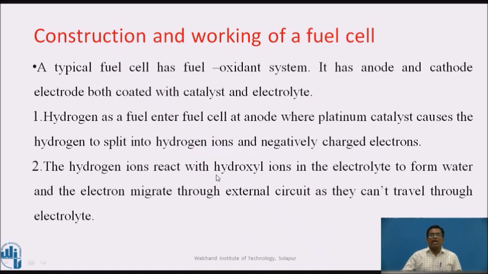A typical fuel cell has a fuel oxidant system. It has anode and cathode electrodes, both coated with catalyst, and an electrolyte. Hydrogen as a fuel enters the fuel cell at the anode, where the platinum catalyst causes the hydrogen to split into hydrogen ions and negatively charged electrons. The hydrogen ion reacts with hydroxyl ions in the electrolyte to form water, and the electron migrates through the external circuit as it can't travel through the electrolyte.